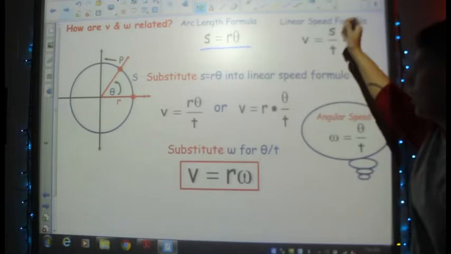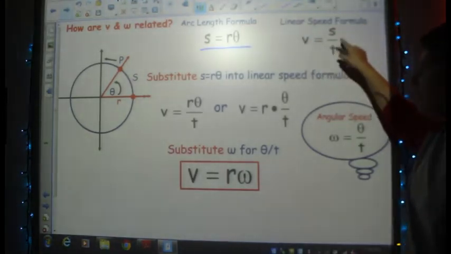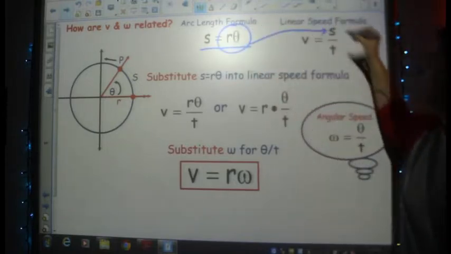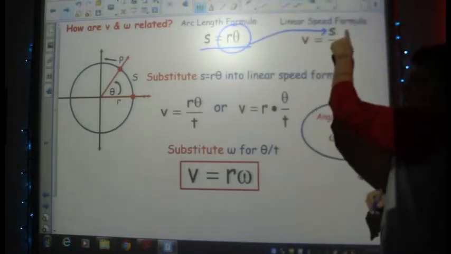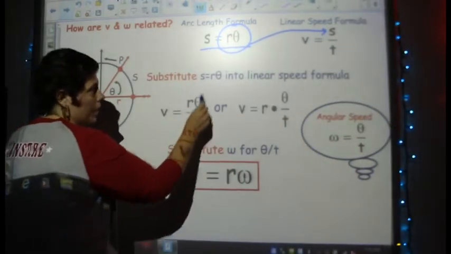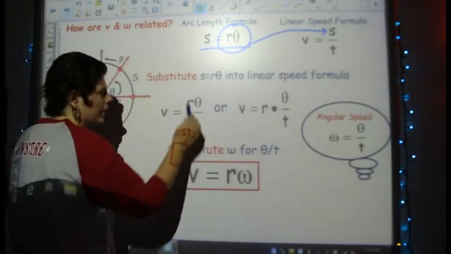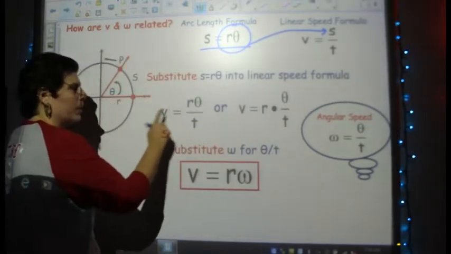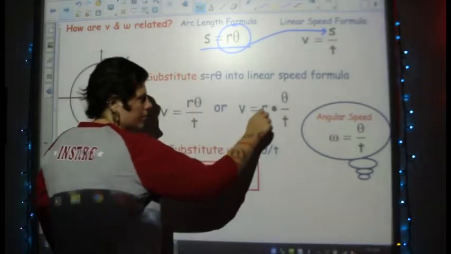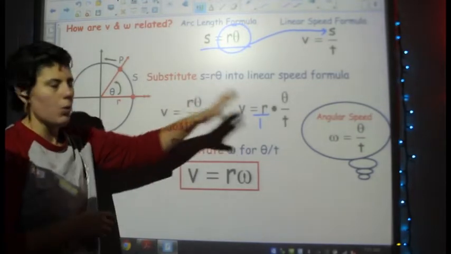And we said just a minute ago that velocity equals arc length divided by time. So we have S equals R theta, so we can take that R theta and substitute it into the S. And when we do that, we wind up with V equals R theta divided by T. Again, theta is in radians. But we can rewrite this as R times theta over T, because it's like R over 1 times theta over T. It's the same thing, we just wrote it differently.